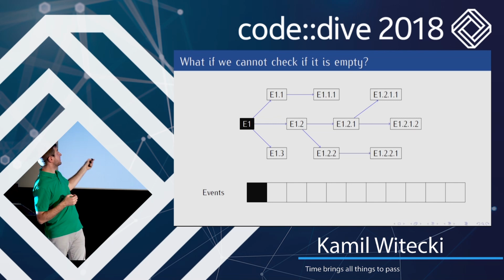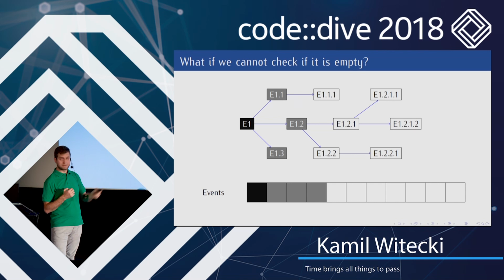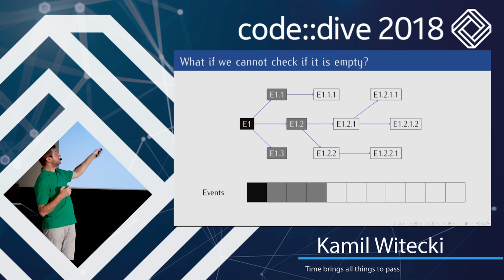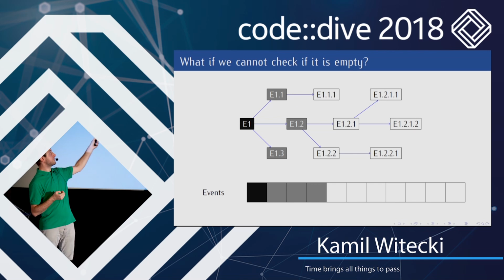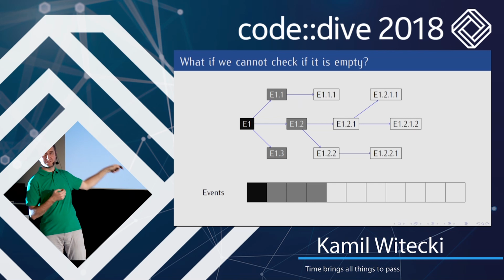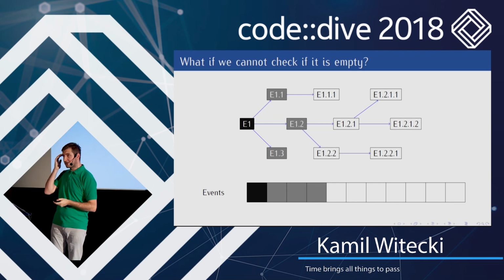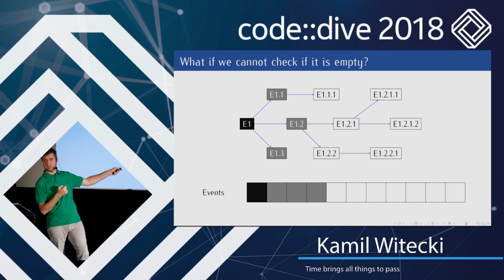So we are executing event 1, and it's already on the event queue. Now we are adding 3 events to our event queue, and this one finishes execution. What we can see here is that we are always going breadth first. We are visiting these events in a breadth first approach. So if I do it breadth first, it means that these 3 events will always be executed before any of this, because I have already scheduled them.